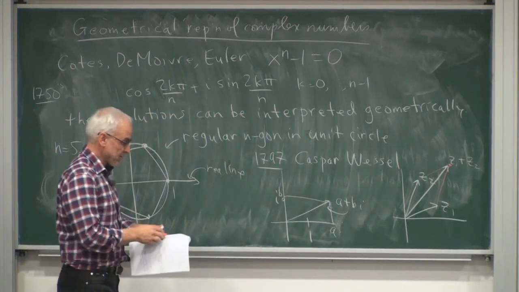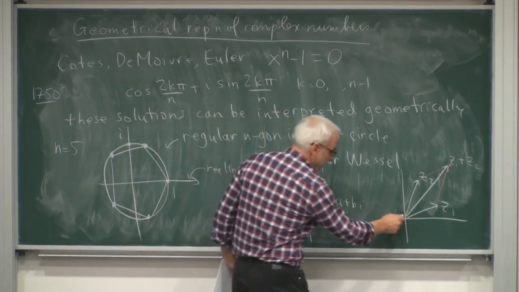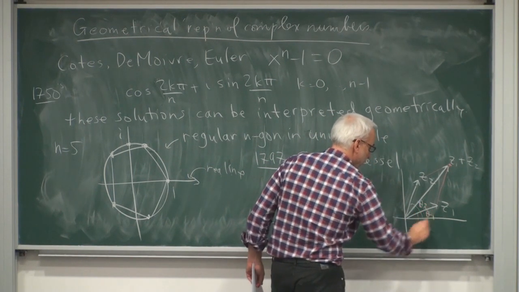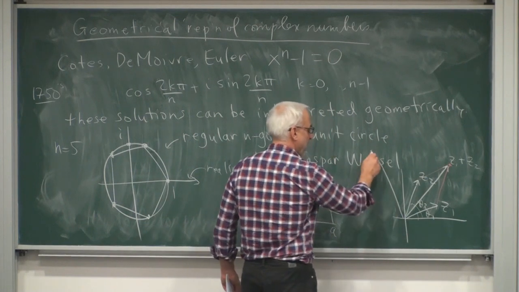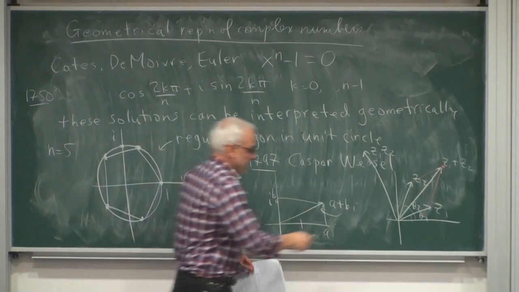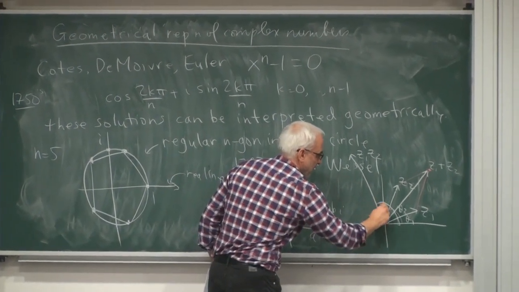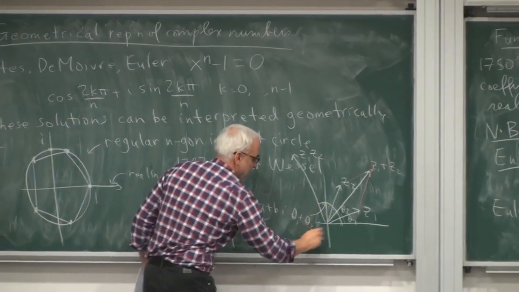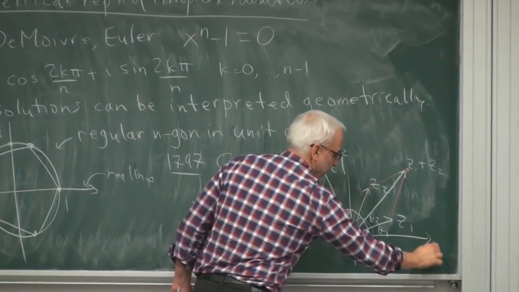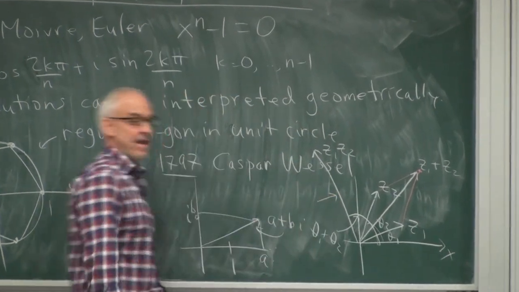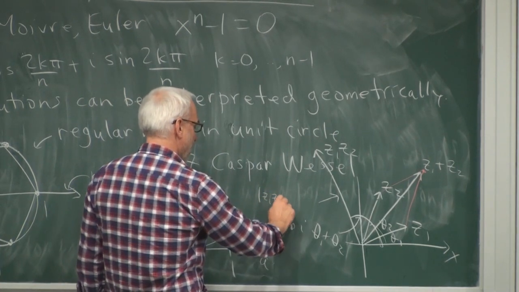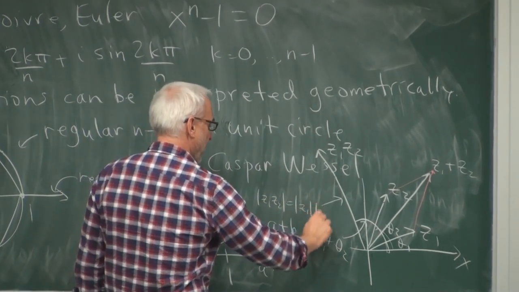And more interestingly, perhaps, the product of the two complex numbers is formed by taking these two angles, let's say theta 1 and theta 2, and adding them. So this angle here is theta 1 plus theta 2, the sum of the angles made with the x-axis by z1 and z2. And moreover, the length of that vector, well, its length was the product of the lengths of the original vectors.